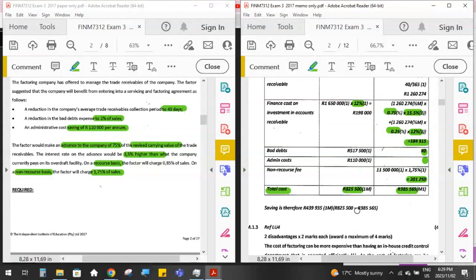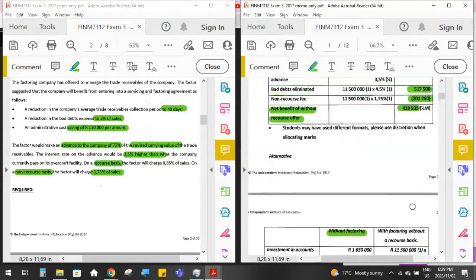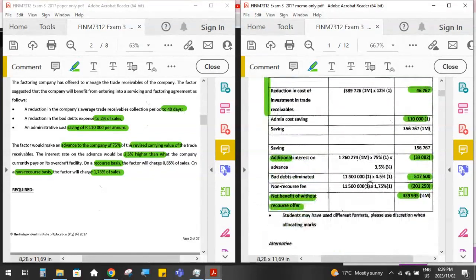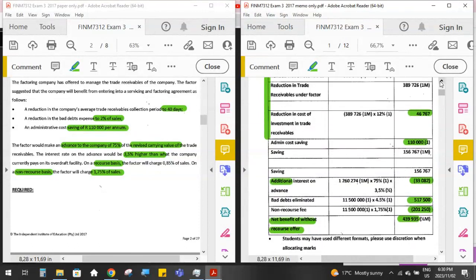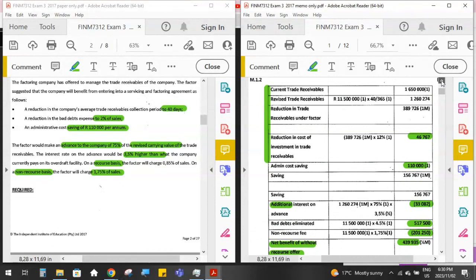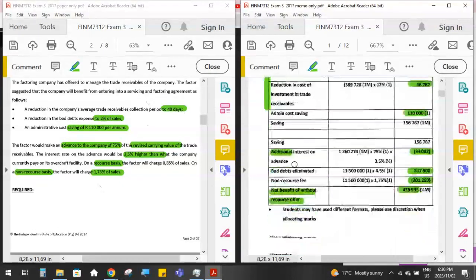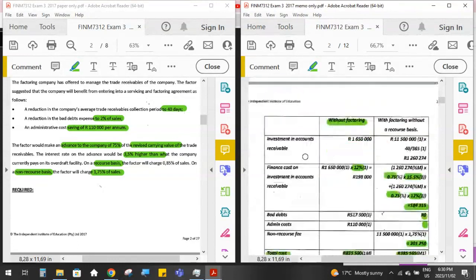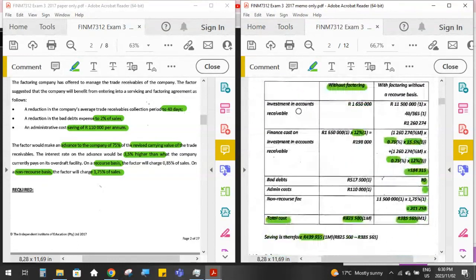And then we can see that my total costs have reduced by 439,935, which is exactly the same answer that we got when we used this method.